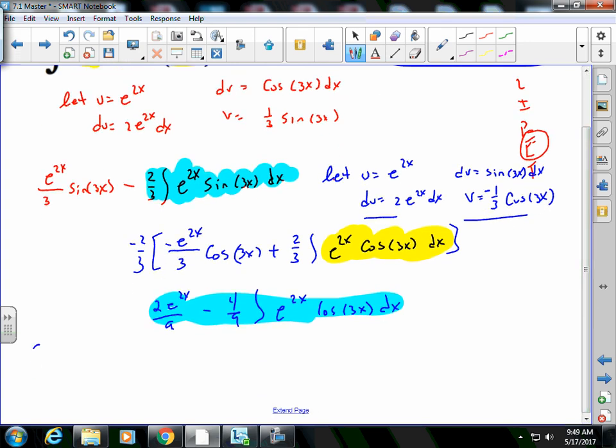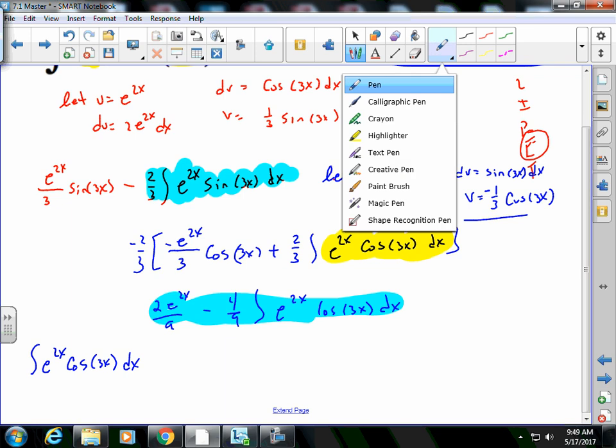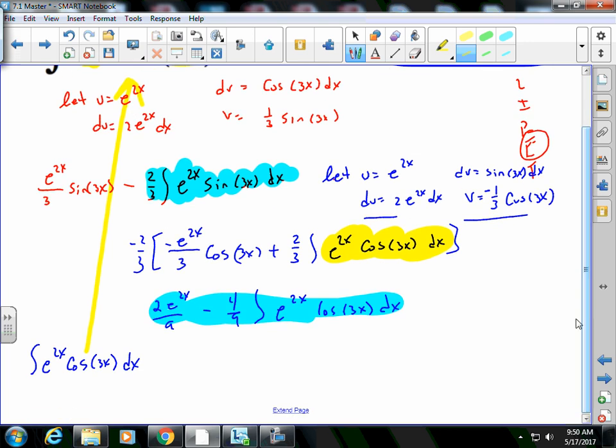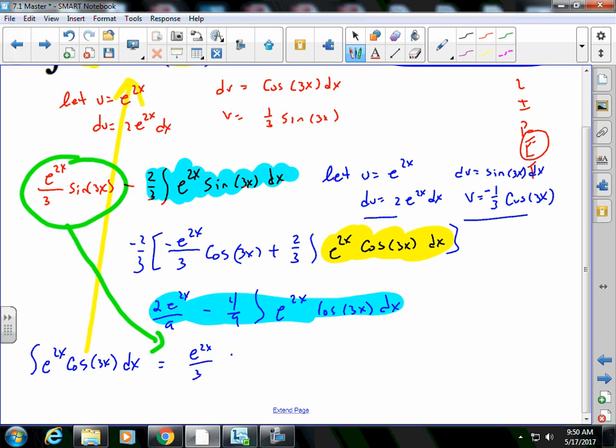So I start off with the integration of e to the 2x cosine 3x dx. So hold on for a second just so that we're all on the same page. This is coming from that. This piece here, I need to add back in. Equals e to the 2x over 3 sine 3x.